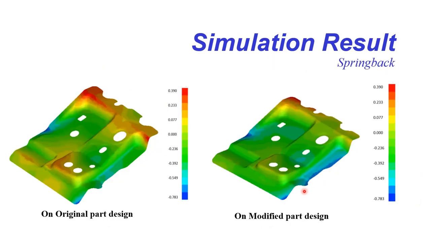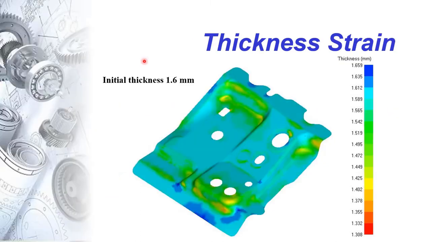The spring back also shows that in the modified part, the red zone is less than the red zone in the original part. And finally, we look at the thickness strain. The initial part thickness is 1.6 millimeters.